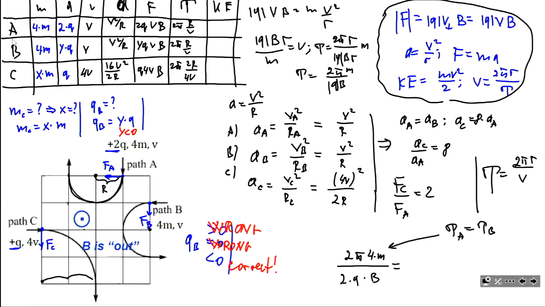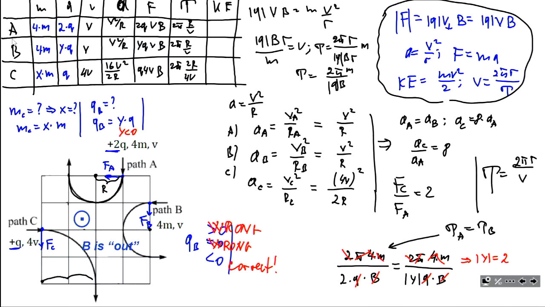For particle B, what should we write? 2 pi. The mass is 4 times m. Now, the charge of particle B is that unknown variable, but we use the factor to describe that charge times B. And now, of course, we can see, we have proved mathematically after canceling out everything we can, the magnitude of that factor y is equal to 2.